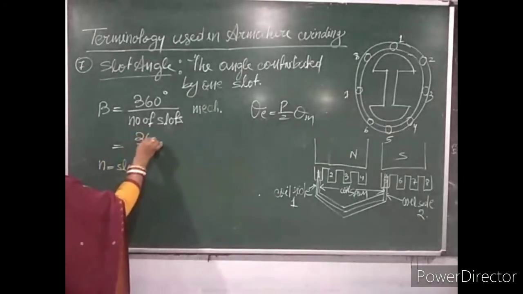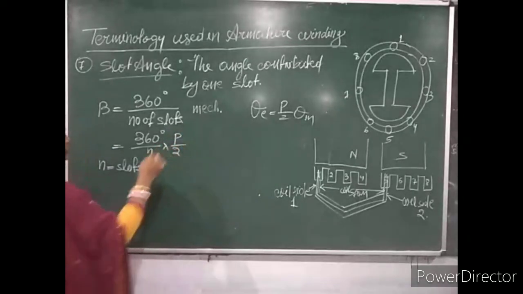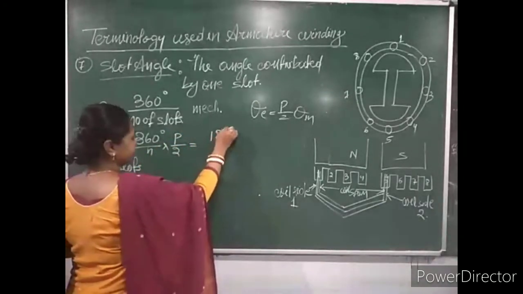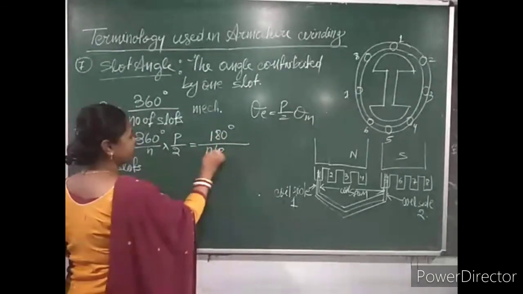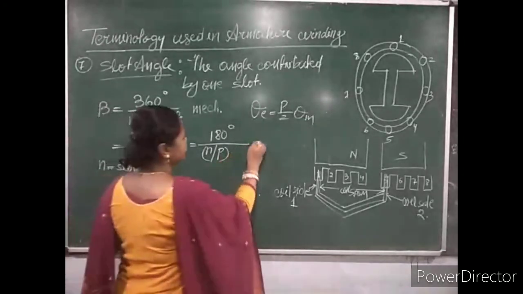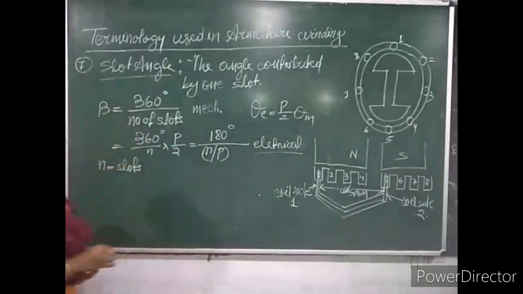Then it is 360 degree by n into P by 2, or we may write this equation as 180 into the number of slots per pole, in electrical degrees. Clear?